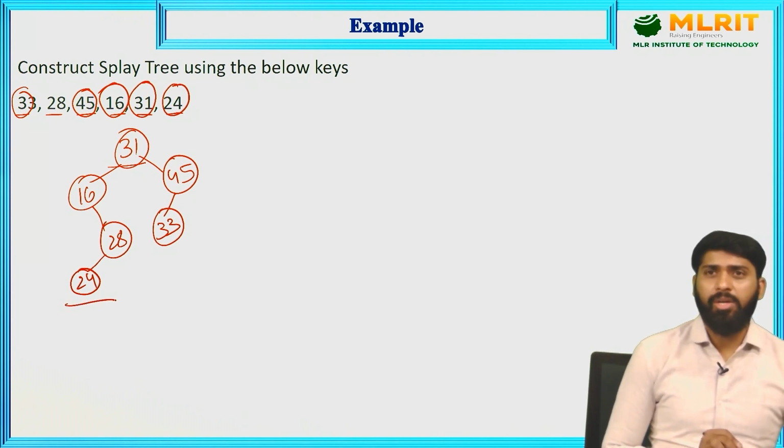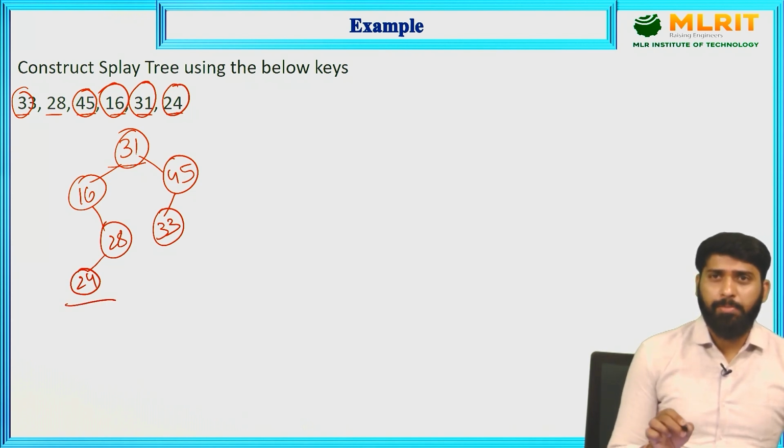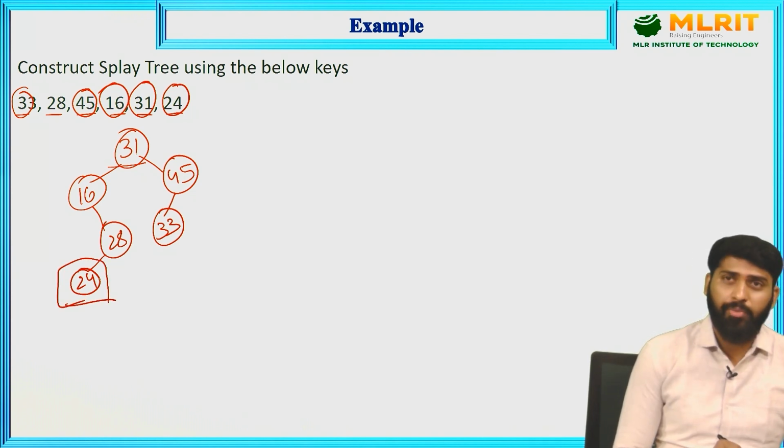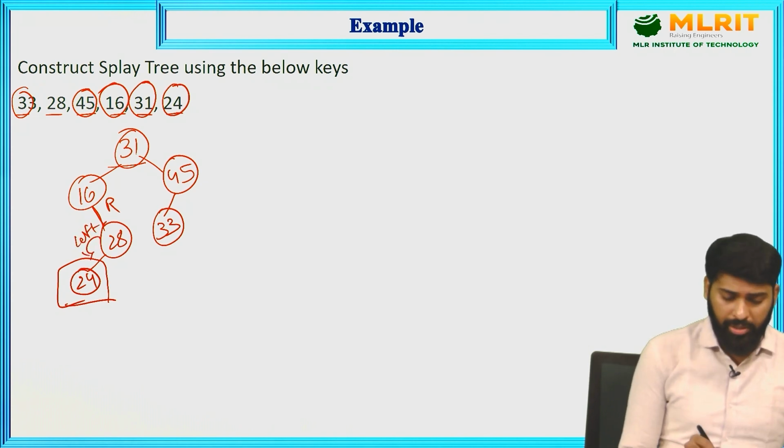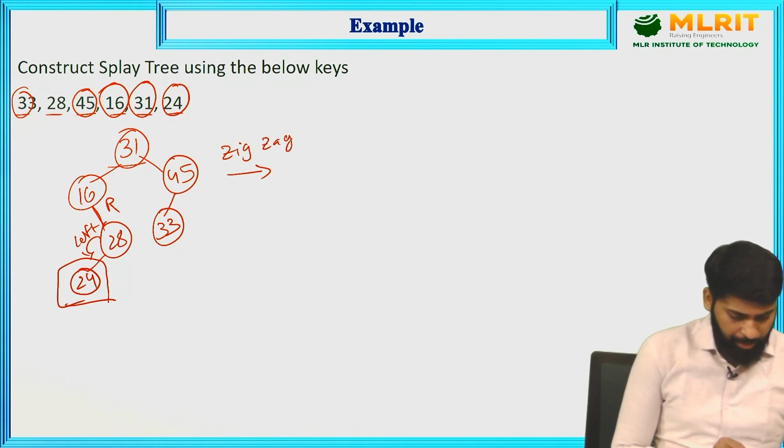Now, as per the splay tree definition, make 24 the root. Identify the rotation: this is right, left, so the rotation is zig-zag rotation.